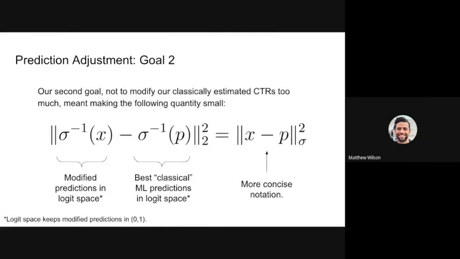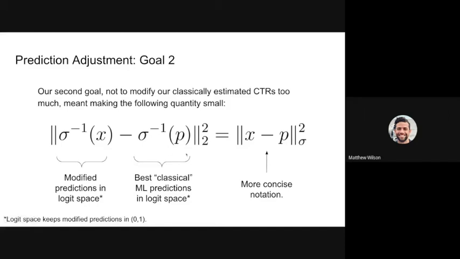Our second goal was to not modify our classically estimated CTRs too much. Again, there are different ways to formulate this mathematically, but to us that meant making the following quantity small. This first term is our modified predictions that we're trying to come up with, in logit space.